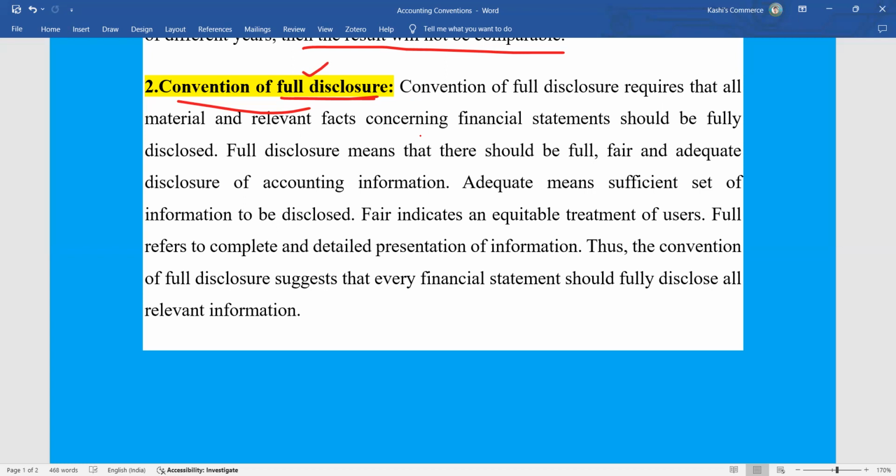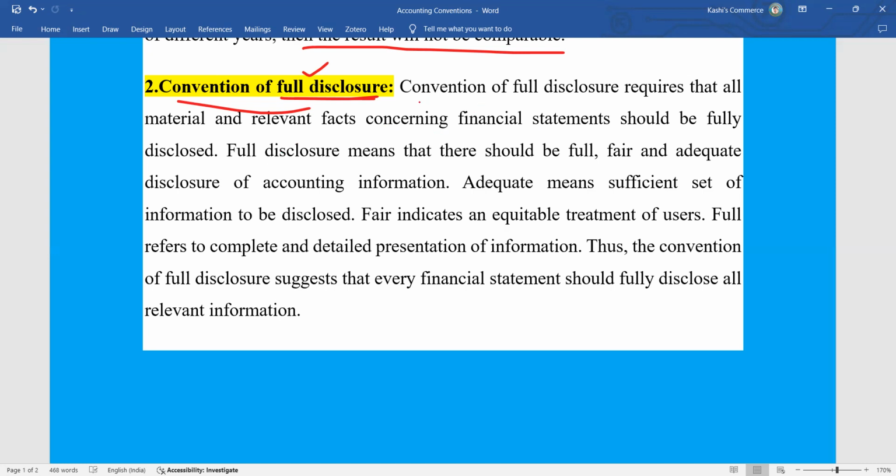There are internal users and external users in the business: internal users like owners, management, employees, and external users like creditors, banks and financial institutions, research scholars, news representatives. We have to disclose the entire information to all the parties.